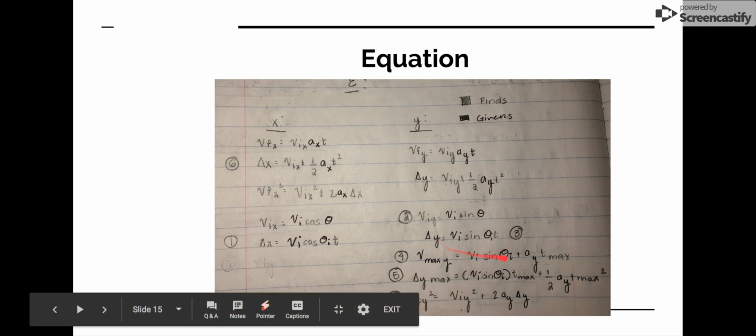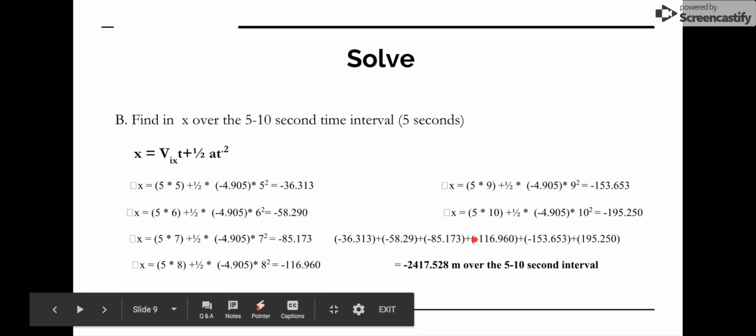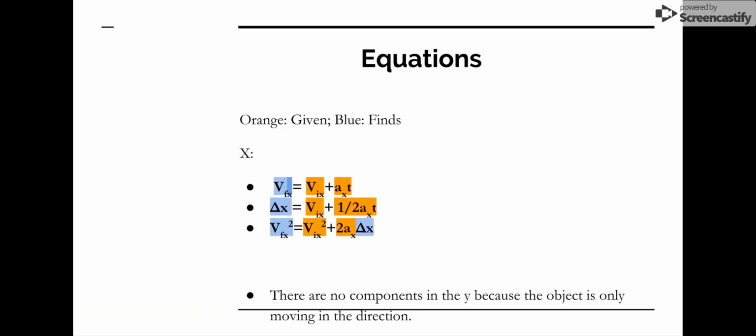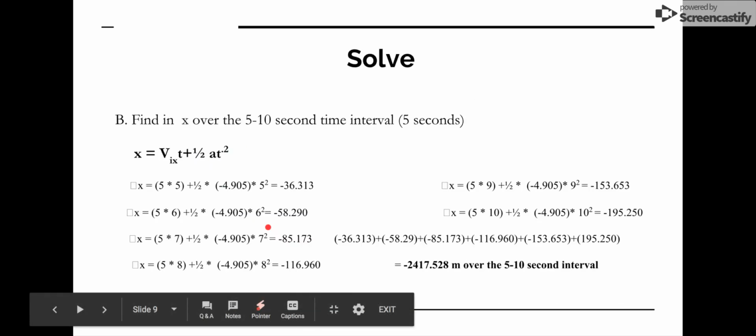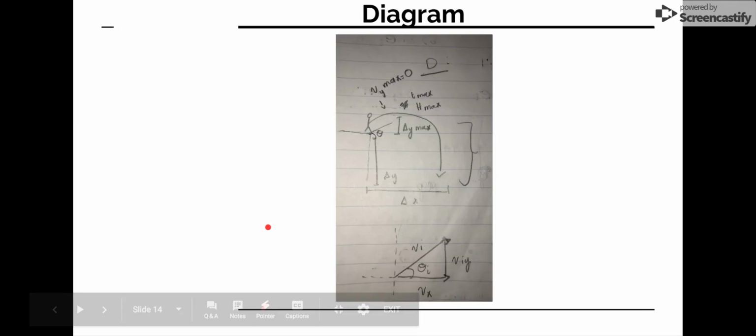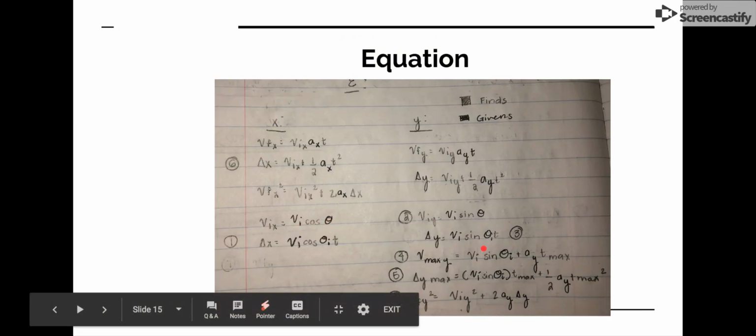And then number four is this equation right here, velocity max y. So again, that's just a variation of this equation right here. However, I'm trying to focus on one specific velocity at a certain time and things like that.